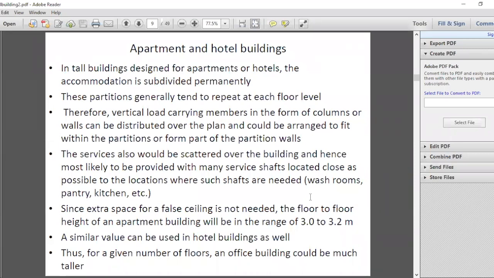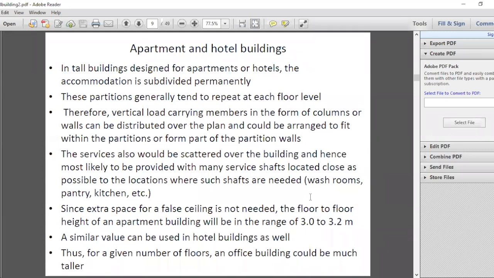Because we have so many partitions, there can be two options for apartment buildings. One is to go with columns on a certain grid, and then to have the primary beams and secondary beams transferring the loads onto the columns.